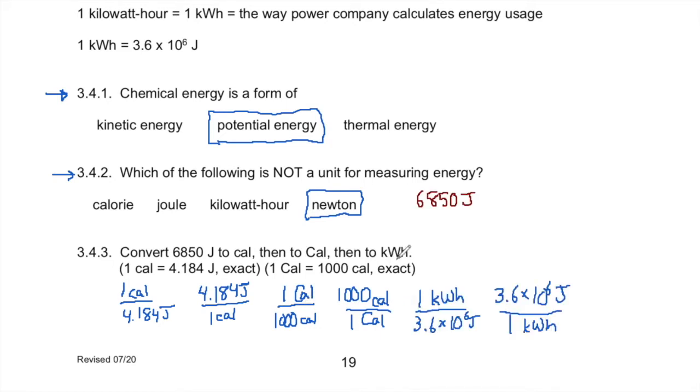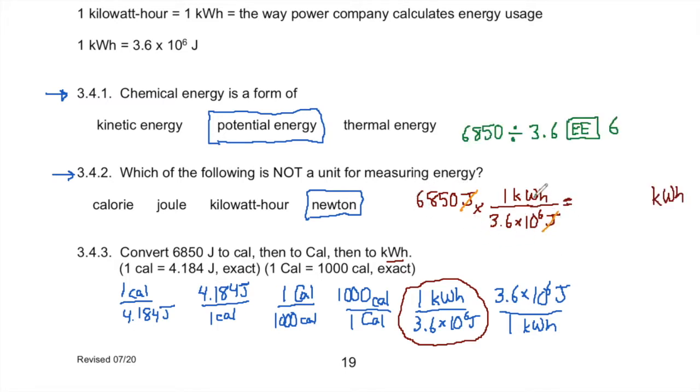Let's go ahead and do the kilowatt hour first. Between these 2 conversion factors, this is the one that is more useful because we'll cancel joules by putting that on the bottom. Let's go ahead and cancel the joules. So this time I thought I would practice putting a problem like this into the calculator, even though it has scientific notation. And the way you would type this into the calculator is to type 6850 divided by, and then 3.6 EE6.